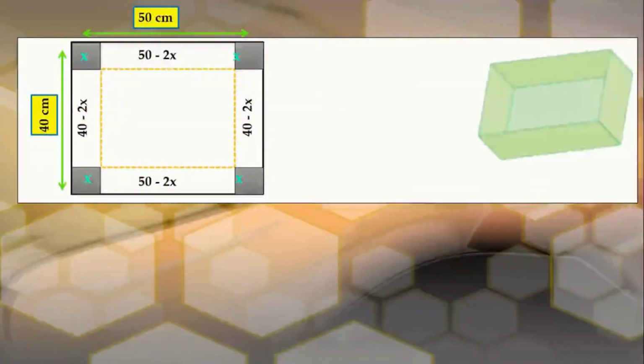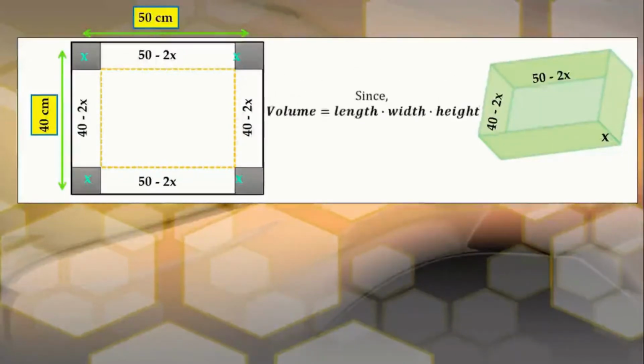So, kung ganyan na yung kanyang magiging dimensions or yung figure, then kapag finold na siya at pinaste na yan, eto na ang mangyayari. Ganyang box na siya. So, remember that yung sukat nila, 50 minus 2x, and then 40 minus 2x, and then x. So, since the volume is equal to length times width times height, let us substitute.